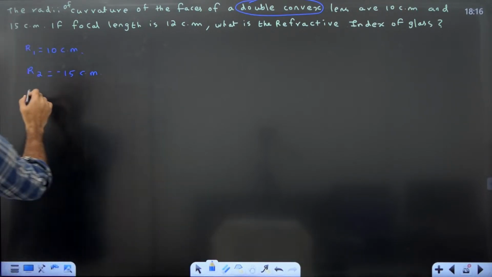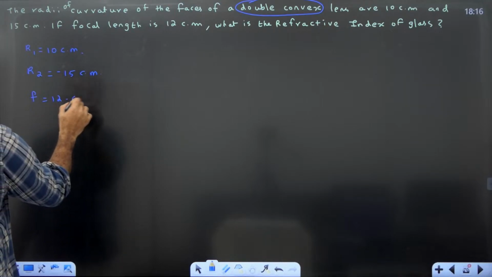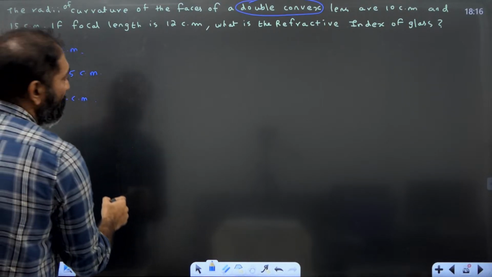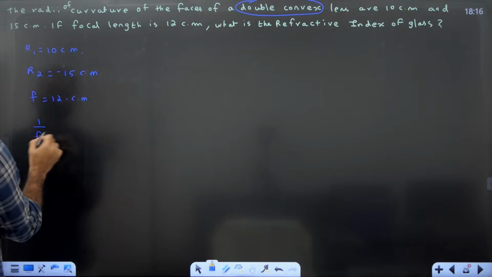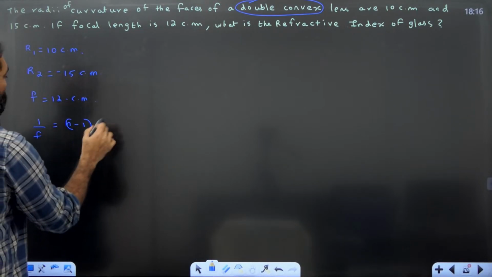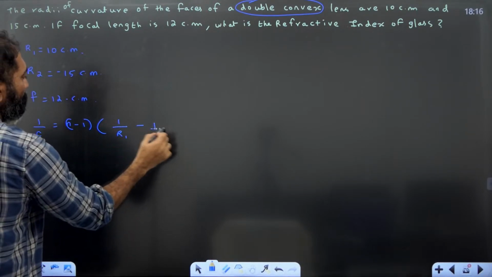The focal length is given as 12 centimeter. What we have to find out is the refractive index. So 1 by f is equal to n minus 1 into 1 by R1 minus 1 by R2.